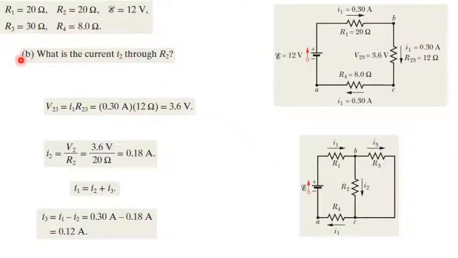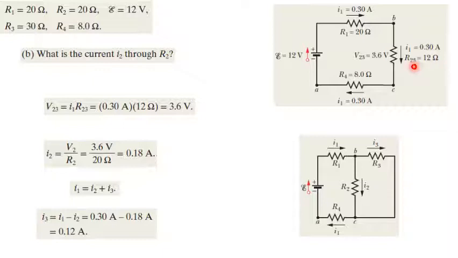The second part of this problem requires us to find I2 through the resistance R2. Effectively, in this equivalent circuit we don't have R2. We have combined the resistance R2 with the resistance R3 in parallel into an equivalent resistance.